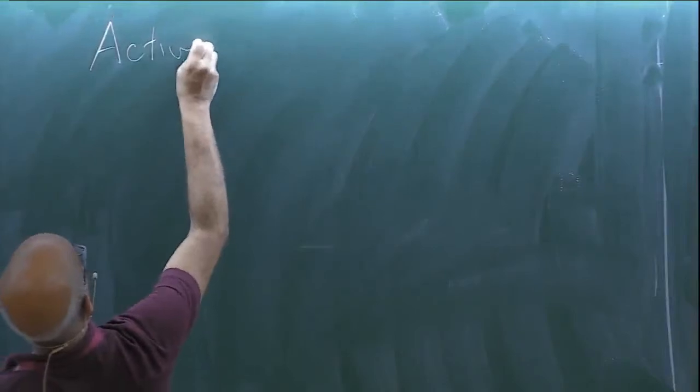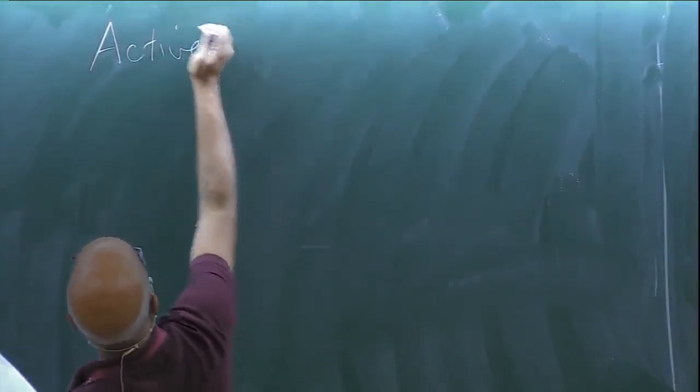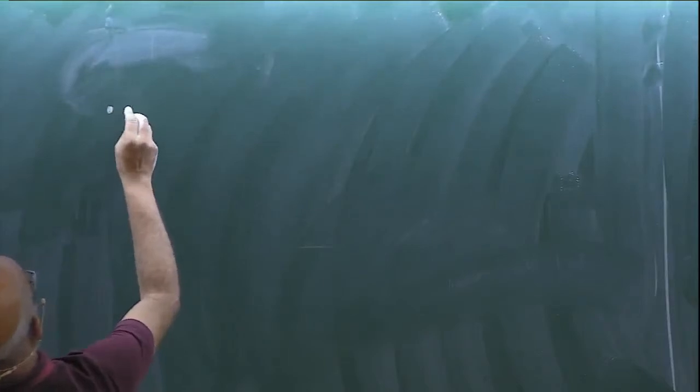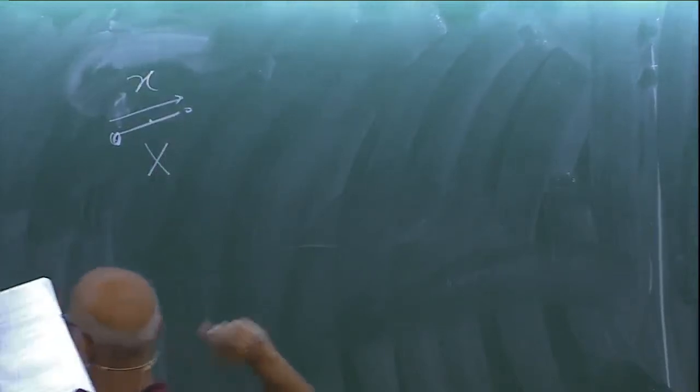Active... let me just write down the equation of motion and then tell you what it is. Supposing I've got a particle, as I said, I'm sure my notation has changed again. The center of mass is capital X, the relative coordinate is little x. I know I've changed my notation.